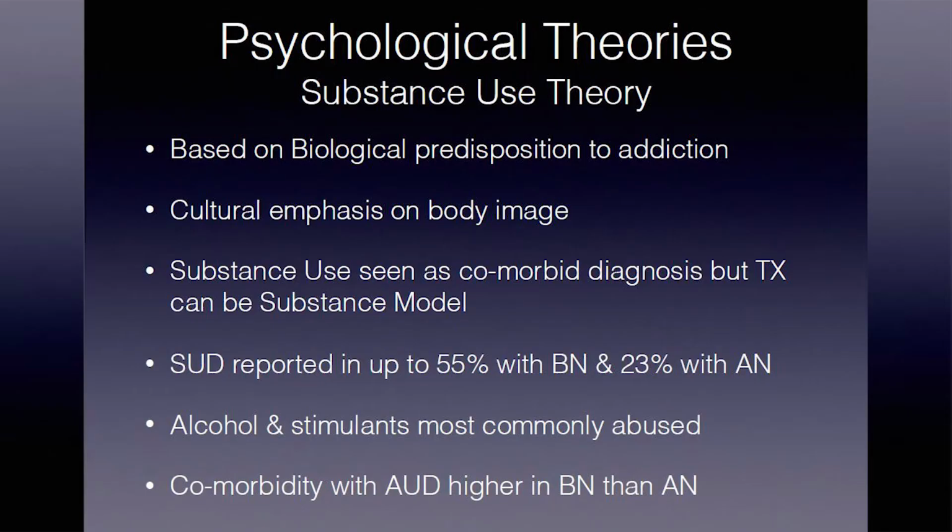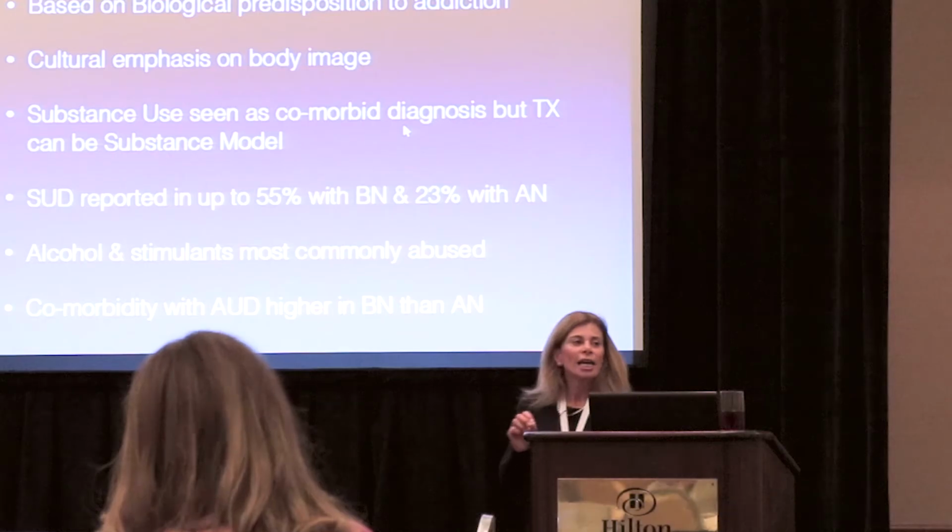Substance use theory, again, a biological predisposition to addiction, nothing you can do, born with it, this is the way it is. It only looks at the causes of eating disorders. There's a cultural emphasis on body image because it's in the culture, it's attached to, right? And again, let me just say this about why the proliferation of eating disorders.